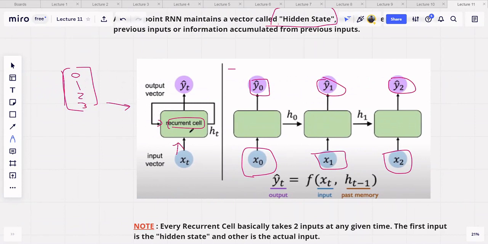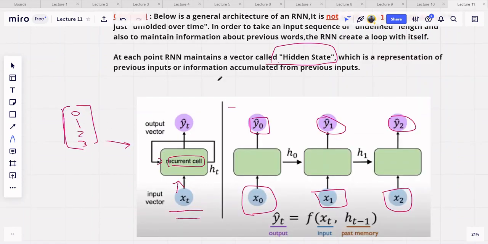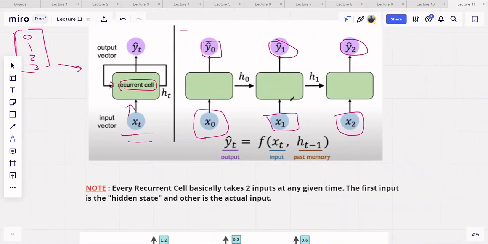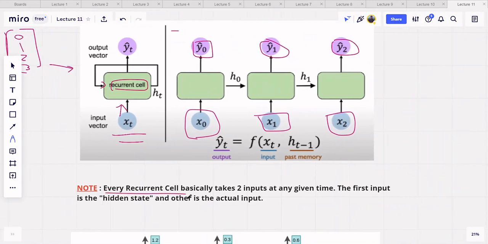So at each point the recurrent cell basically gets two inputs. First is our input vector, that is our word, and the next is the hidden state vector. Every recurrent cell basically takes two inputs at any given time. The first input is the hidden state, and the other one is the actual input, that is our word.